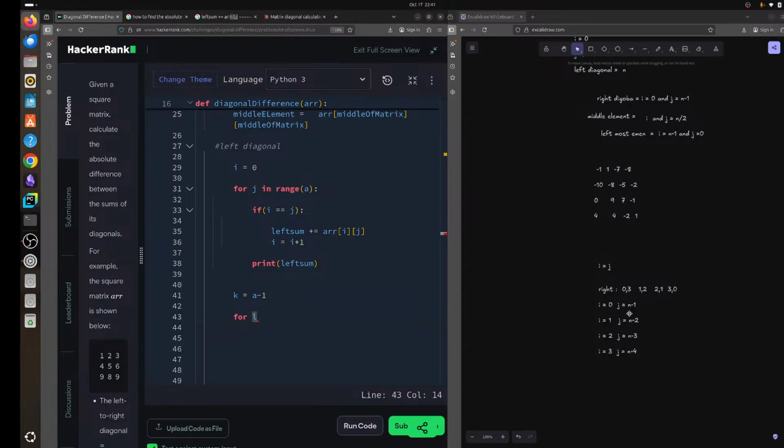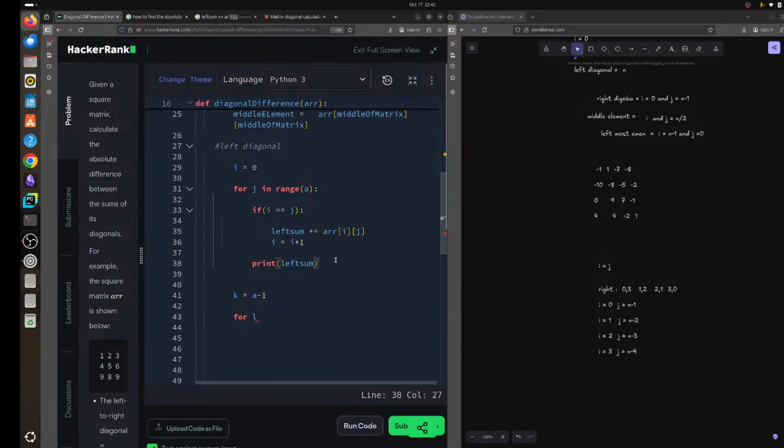Because anyhow, this will traverse to a minus 1. So a minus 1 minus I. See, first case, I is 0, nothing will be happening.